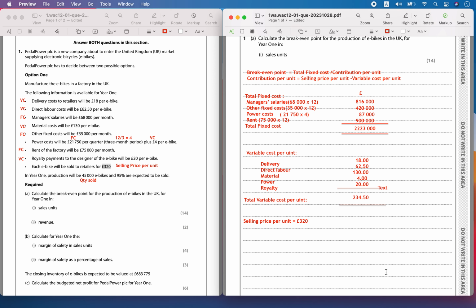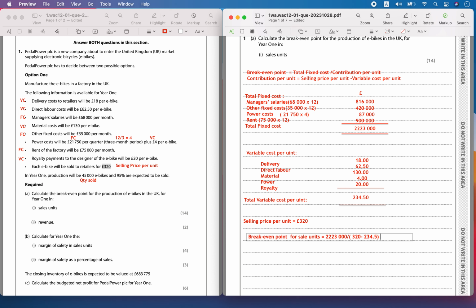The break even point in sales units is equal to the fixed cost, which is this much, divided by the selling price per unit, that is 320, minus 234.5.